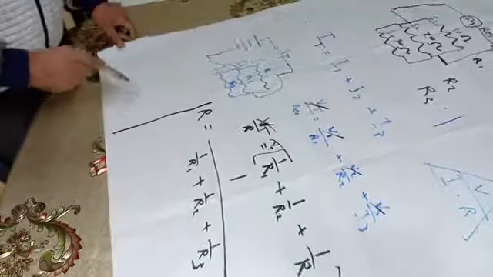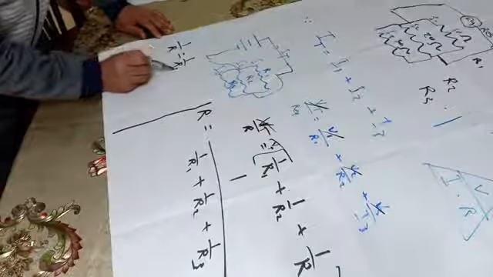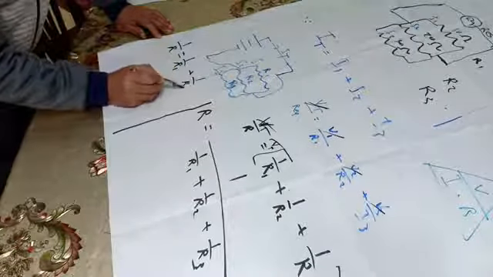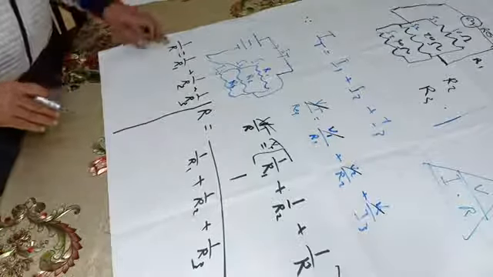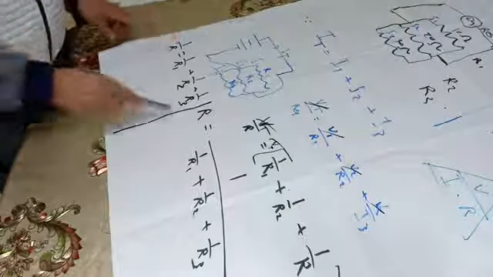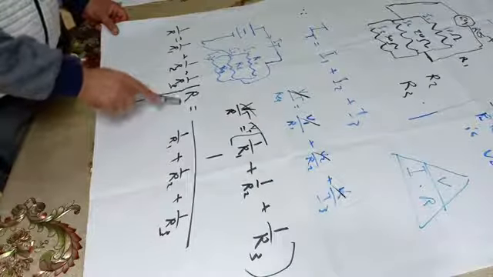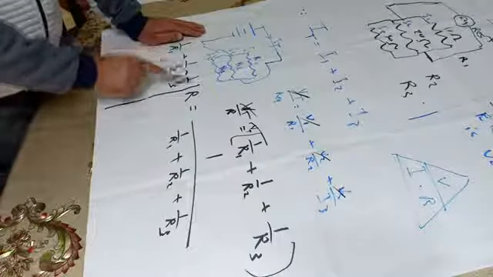But now 1 over R equals 1 over R1 plus 1 over R2 plus 1 over R3. This is the reciprocal: 1 over R. Reciprocal of 1 over R is R. We need R. So R equivalent equals the reciprocal of this magnitude.